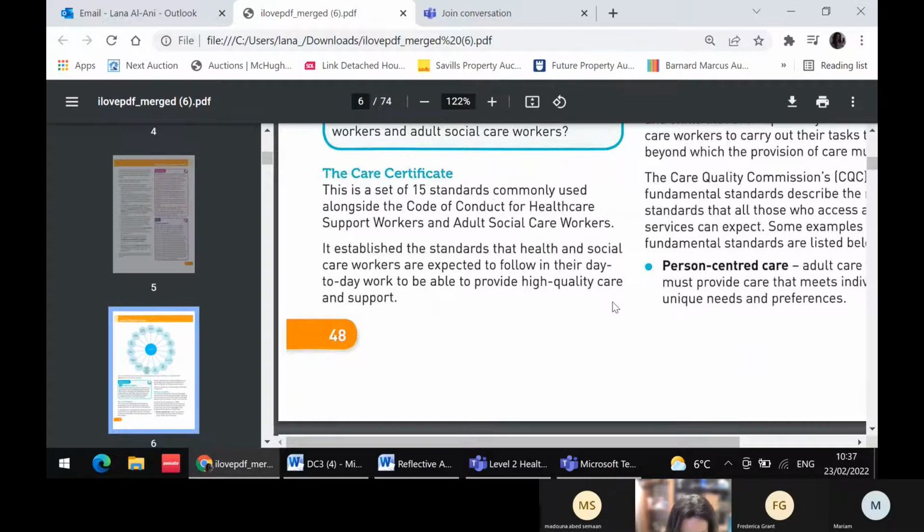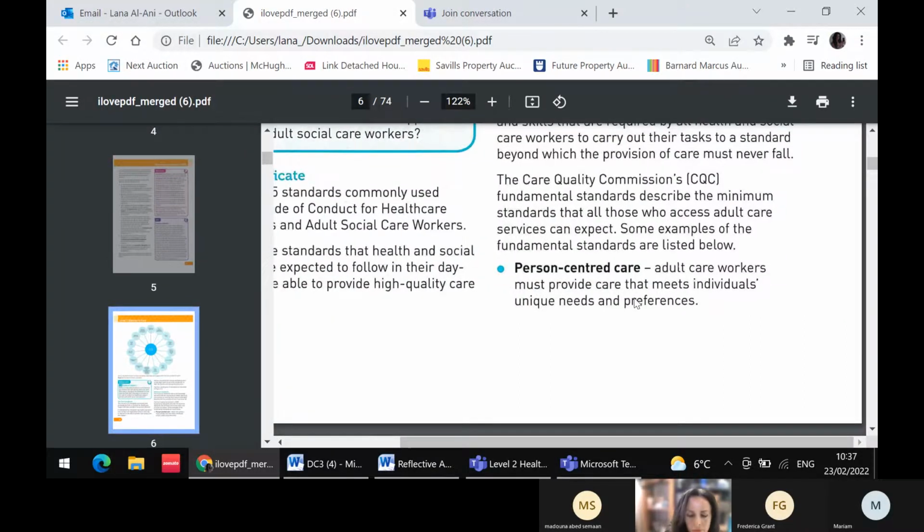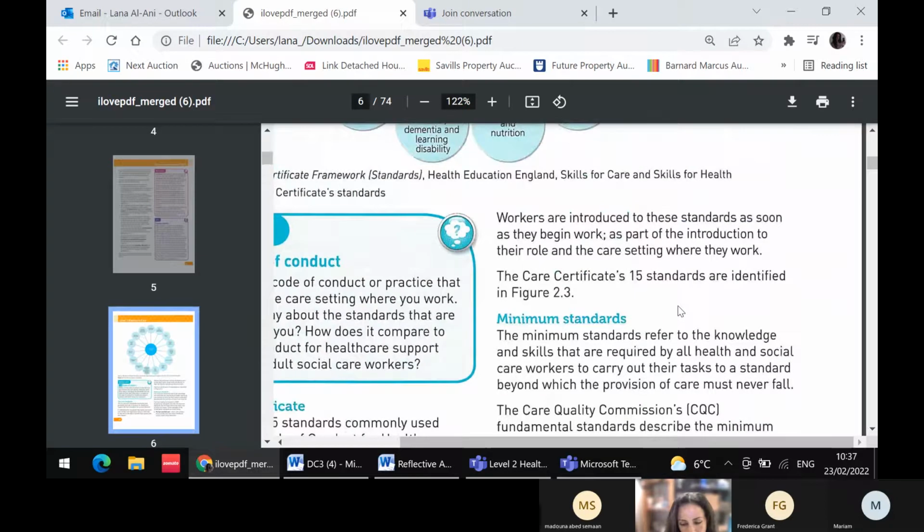It's very important. Workers are introduced to these standards as soon as they start working, and they should follow these 15 standards.